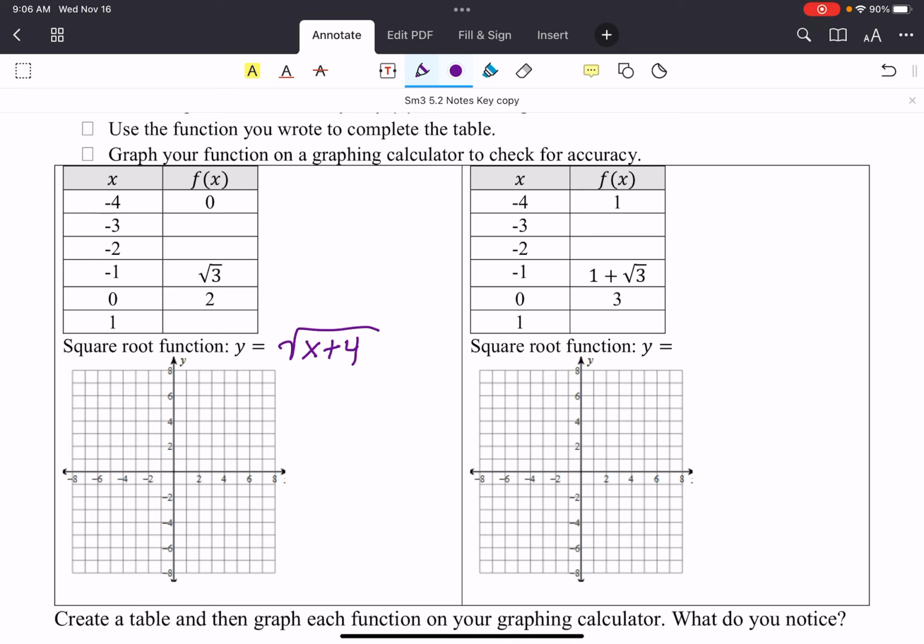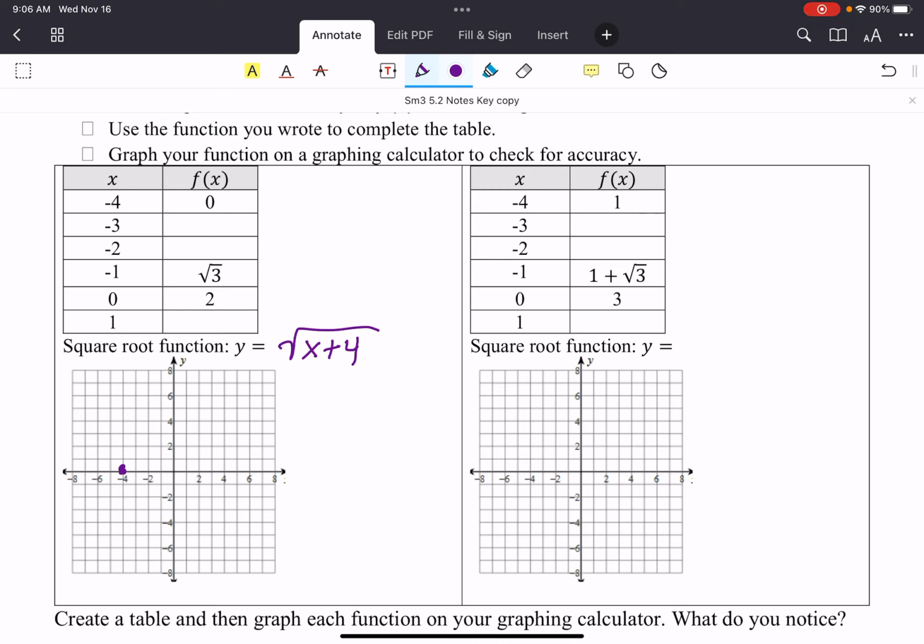And what does it look like? So where do I go for the -4, 0? Someone raise your hand that I haven't heard from. Holly, where do I plot -4, 0? Okay. And then James, where do I go for -1, square root of 3?